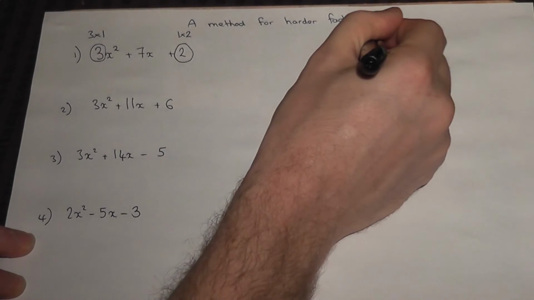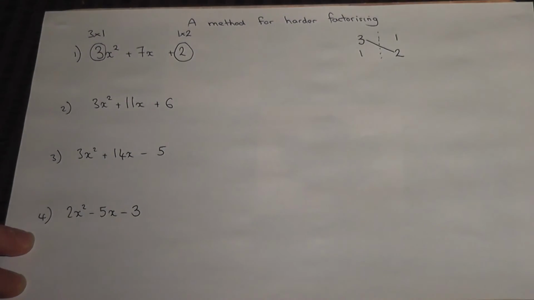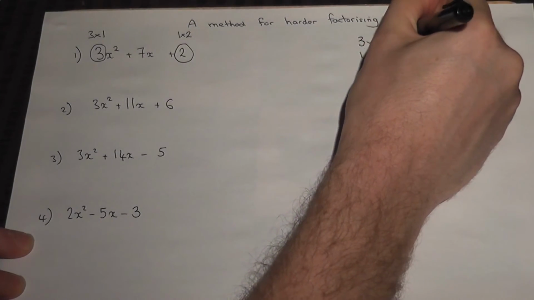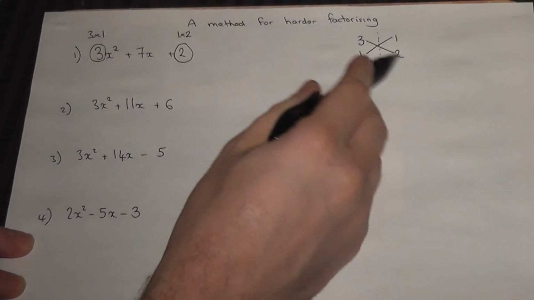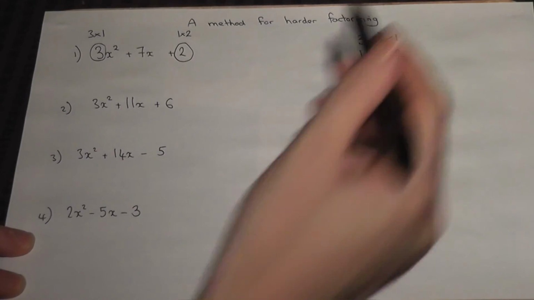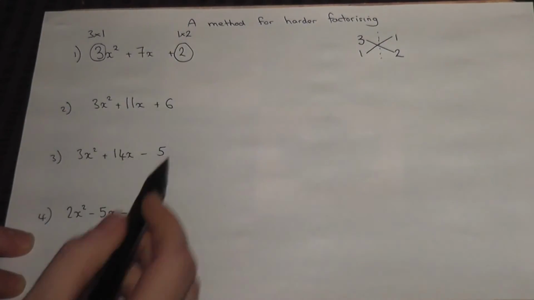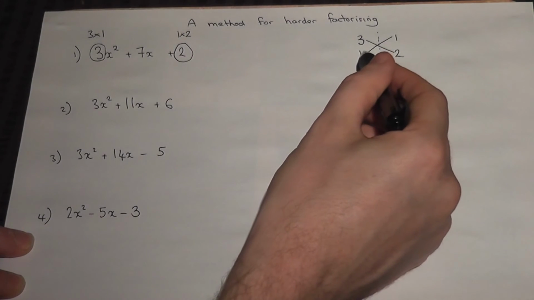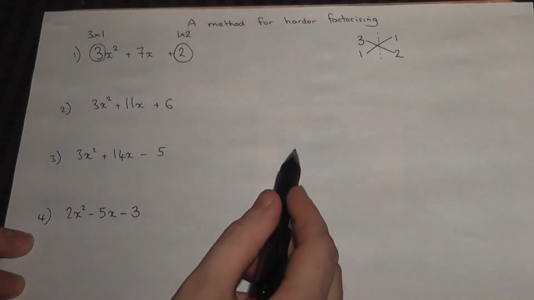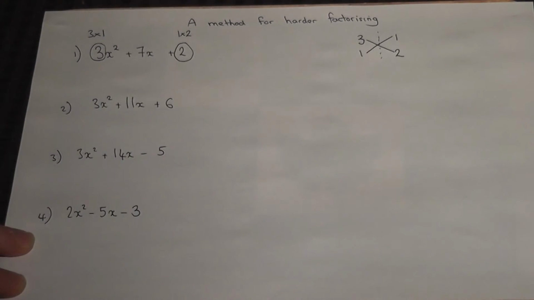But if I do 3 times 2 and 1 times 1, 3 times 2 is 6, 1 times 1 is 1, and 6 plus 1 is 7. So this pairing off gives us a 7 as required.